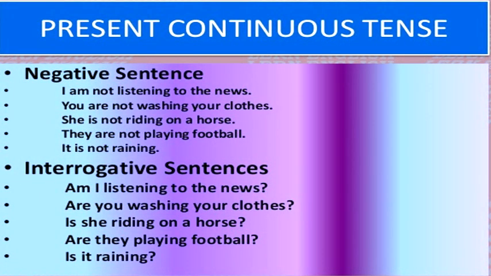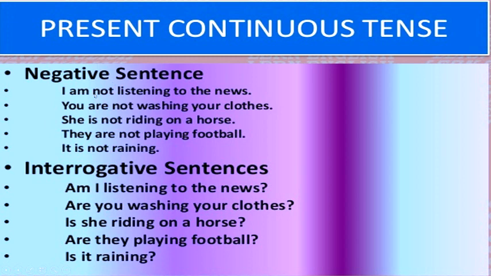Now, let us have certain examples of negative sentences and interrogative sentences. Students, if you recall, I have shared the affirmative sentences with you in the last session. So the first sentence is, I am not listening to the news. This is negative. With I, am is used.